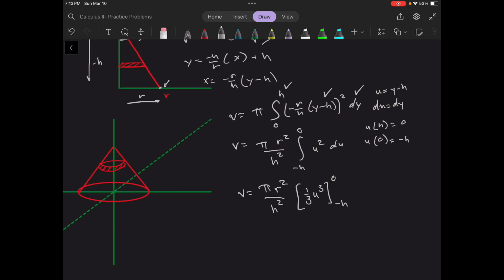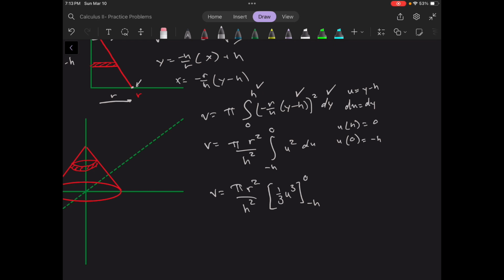So now we should get pi r squared over h squared times 0 minus, when you plug in that negative h, you're going to get a minus 1/3 h cubed.